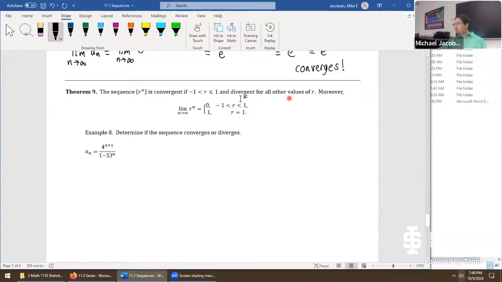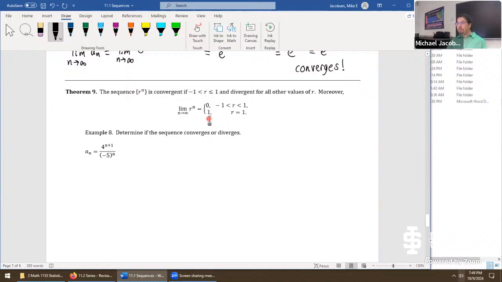And moreover, if your values make it a convergent sequence, this is the result. If r is strictly between -1 and +1, you get a 0. And if r is exactly 1, you get just a 1 out.